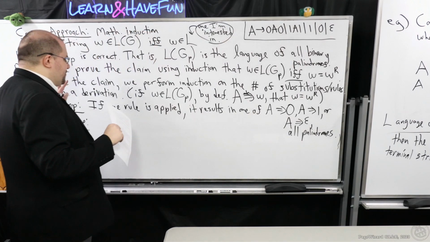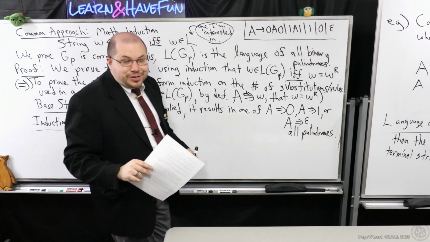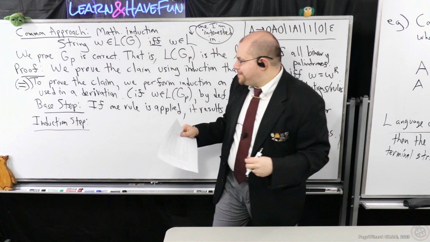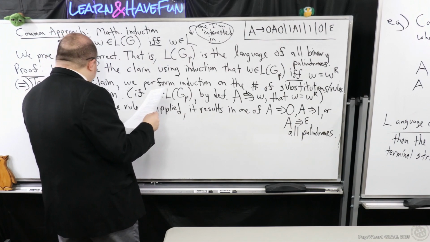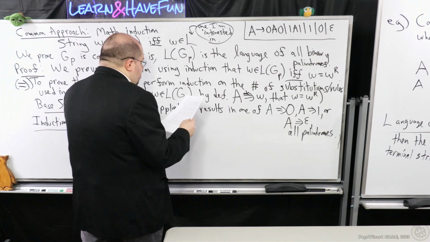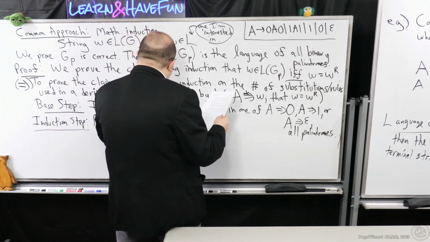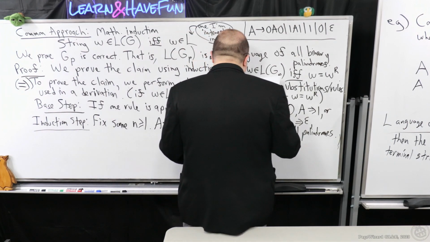But I assure you, it's not that scary because of the recursive nature of these grammars. So fix some n greater or equal to 1. Assume, so I'm gonna come up with an induction hypothesis here.